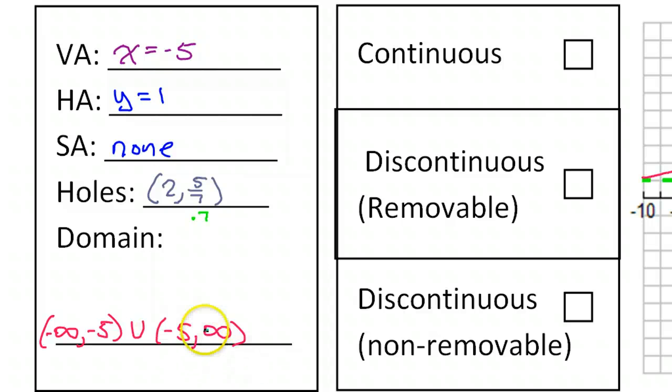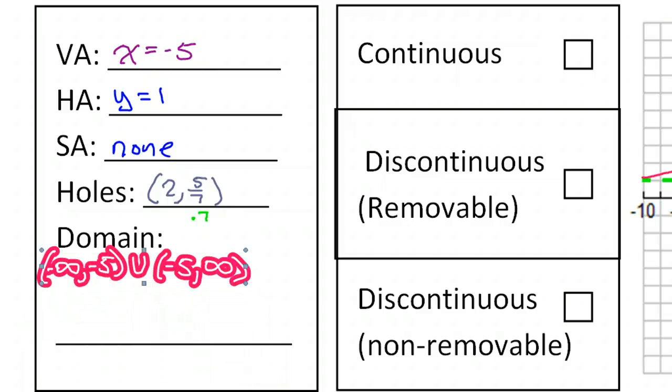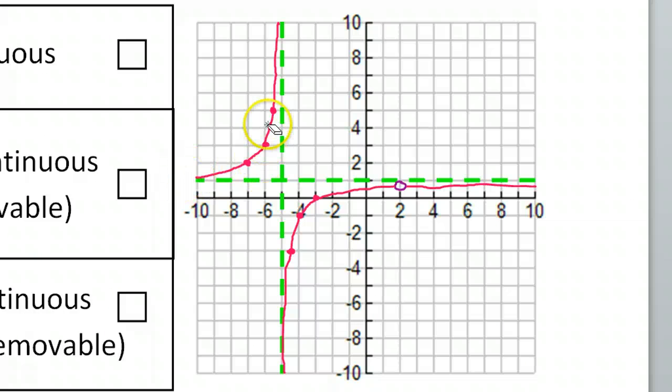Okay, so I'm going to have 3 pieces to my domain. So let me move this up a little bit. Okay, so I am still going to have negative infinity to negative 5. All right, this piece is still there. But over here, I'm going to have to divide my domain into 2 pieces.